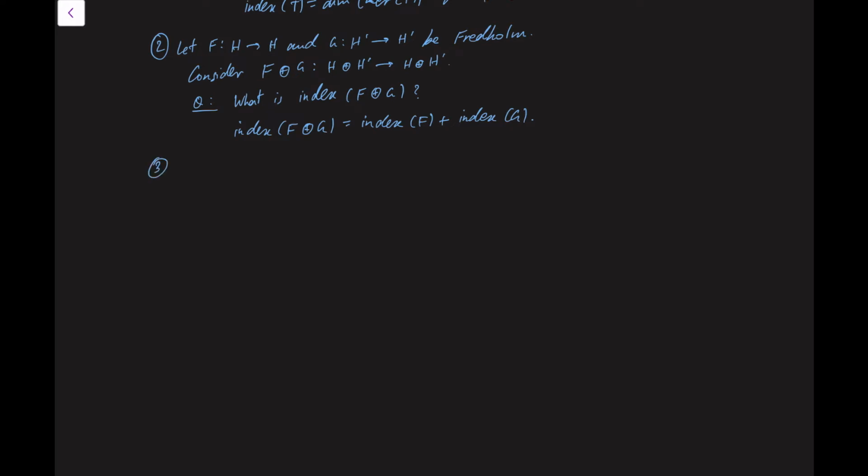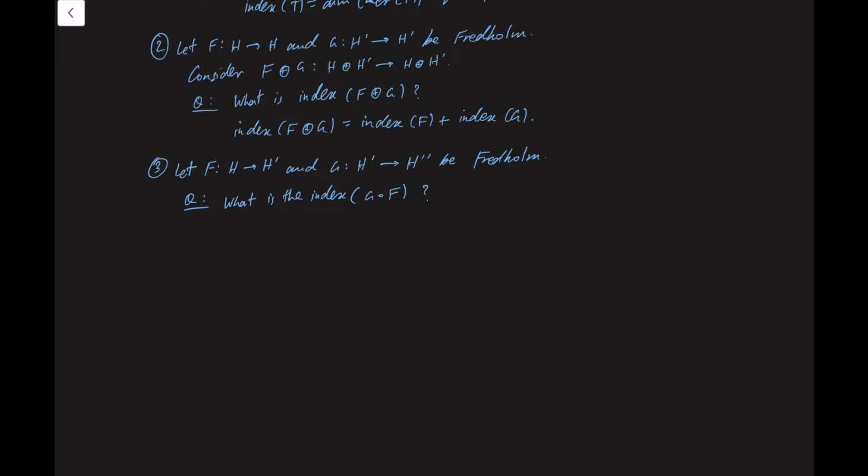A third question, and the answer to this will not be so obvious, and will take a bit of work to prove. The upshot of what we do today will be a proof of this third question's answer. The third question is, we let f from H to H prime and G from H prime to H double prime be Fredholm. Then we ask the question, what is the index of G composed with f?